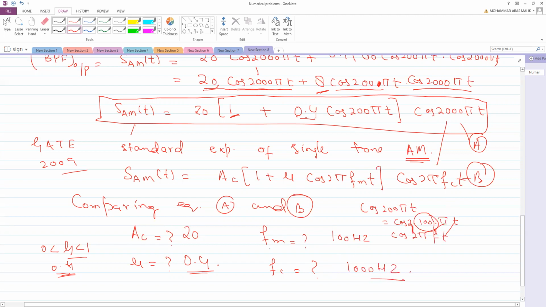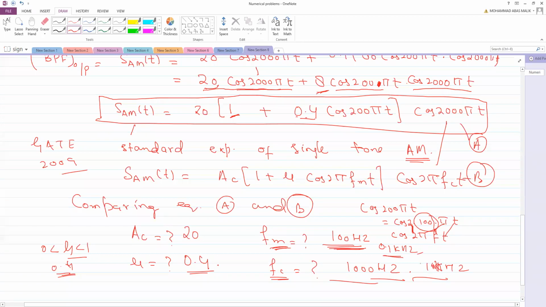And you can see that fm value is very small because this is the message signal frequency. And this carrier signal frequency, this 1000 hertz, can you say this is 1 megahertz? Sorry, this is 1 kilohertz, not megahertz. 1 kilohertz, and this is 0.1 kilohertz.